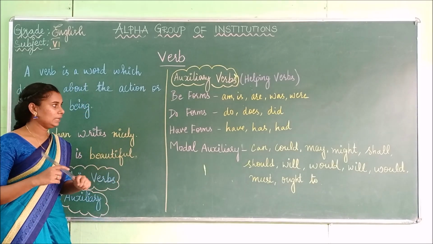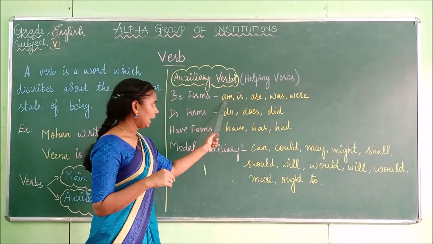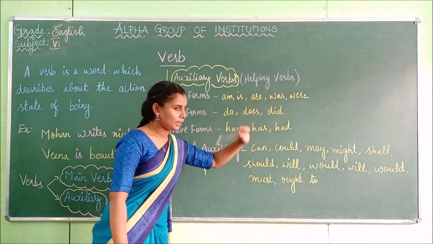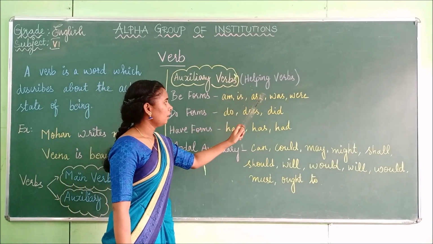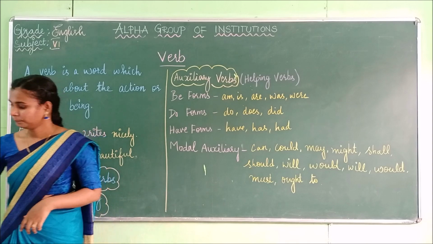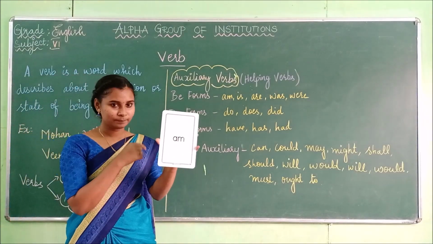First we will see the be forms. The be forms are am, is, are, was, were. Now tell me, is this a be form?